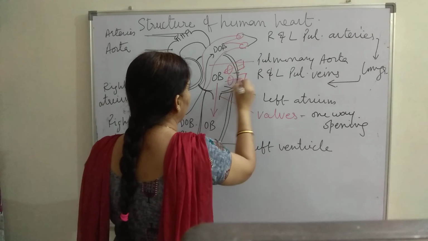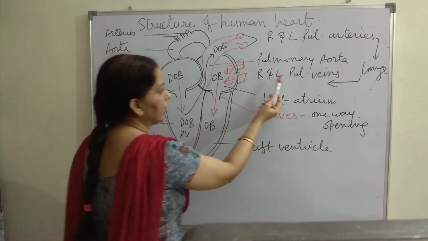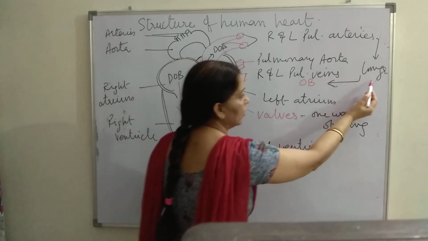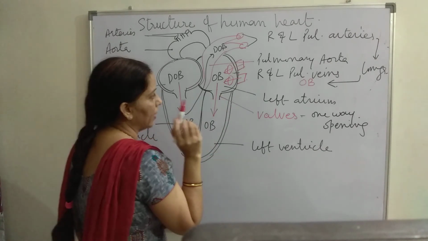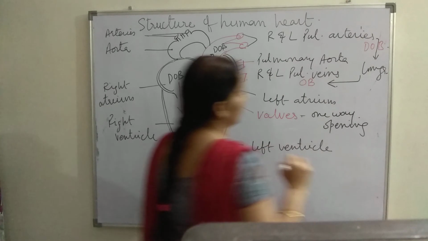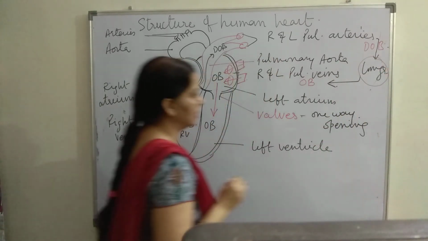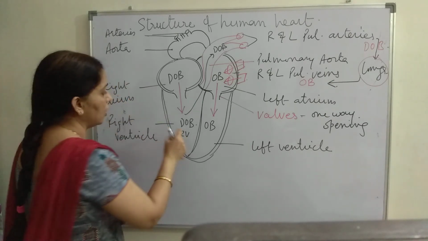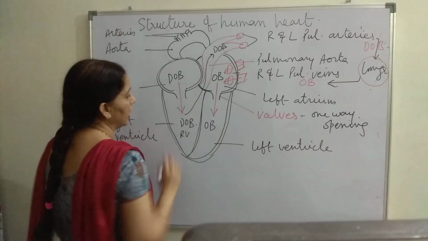Both of them pour oxygenated blood. Right and left pulmonary veins bring oxygenated blood from the lungs and pour it into the left atrium. Fine. And these are carrying deoxygenated blood into the lungs. That means in the lungs, exchange of gases takes place. This is about the circulation of deoxygenated blood through the pulmonary aorta.